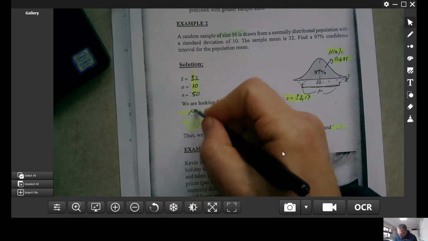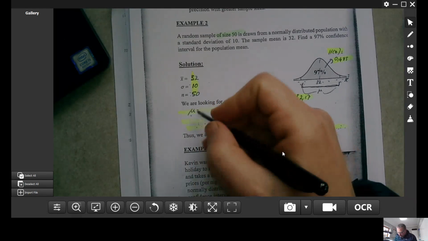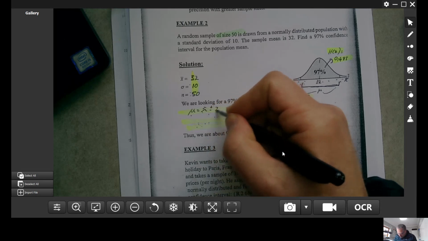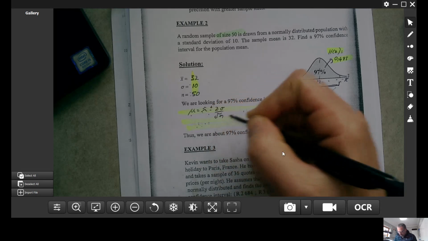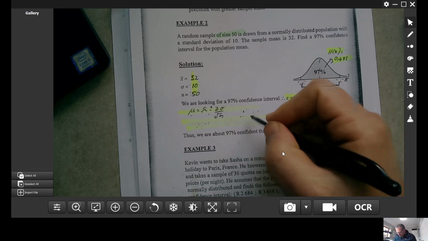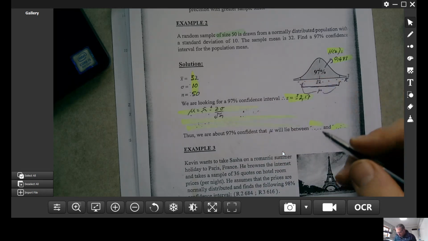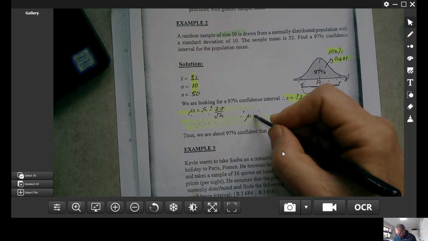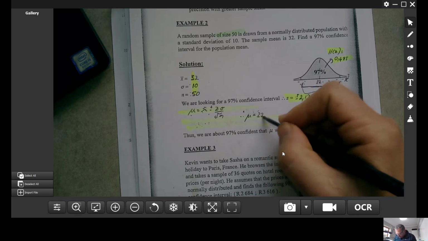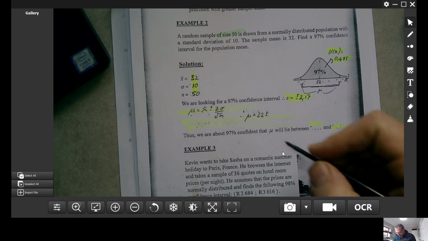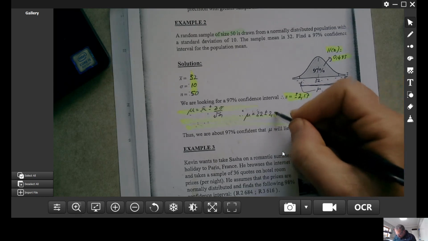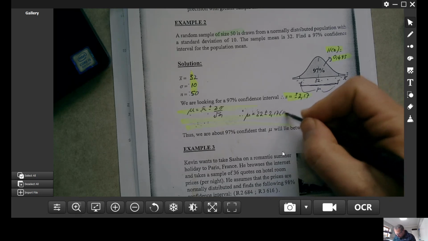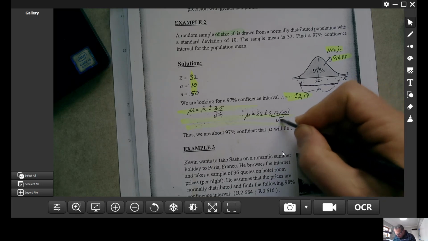The upper and lower boundaries for mu are x bar plus or minus z sigma over root n. This is how you're going to set them up: therefore the boundaries of mu for a 97% confidence interval are 32 plus or minus the z score, 2.17 (that's where the plus or minus comes from), times sigma, which is 10, over root n, over root 50.